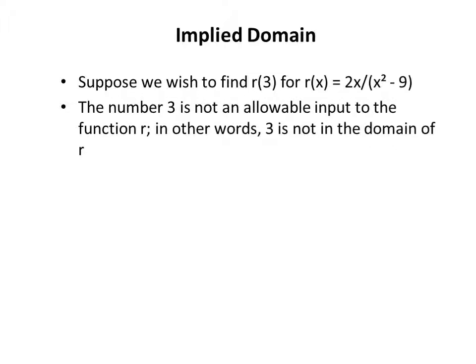So anytime we have a fraction or a square root, because if we have a square root, we know that we can't have a negative number under the square root because that does not exist in the real number system. So we have to look at each equation and see, is there any condition that is not acceptable in relation to this function and equation.